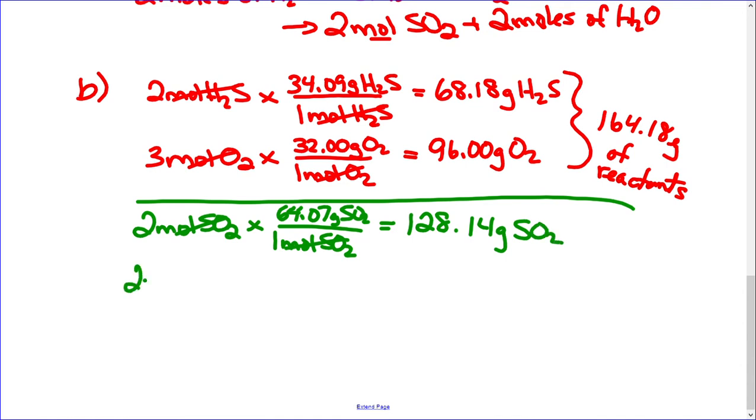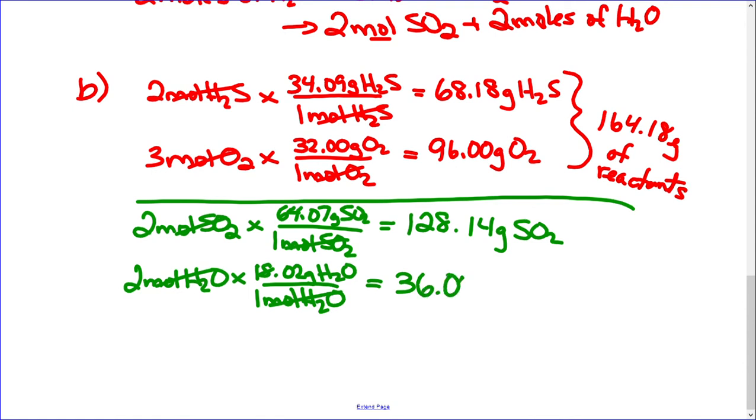Then I'm going to go and do the last one, which is H2O. We've got 2 moles of H2O. And same thing for the molar mass. In 1 mole of H2O, we get 18.02 grams of H2O. Moles of H2O are going to cancel, and this is left with 36.04 grams of water.